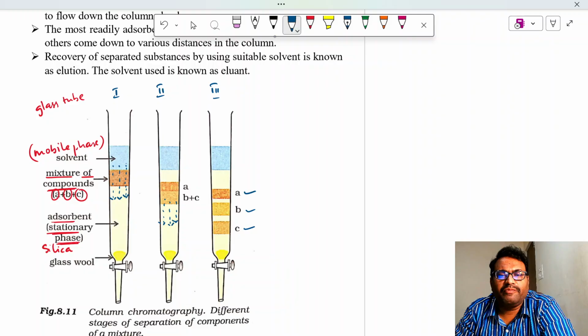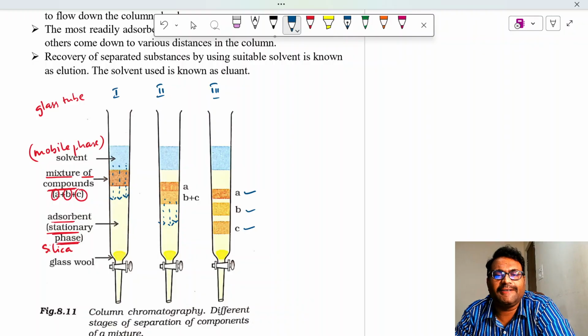Now, looking at this, which has more adsorption tendency?